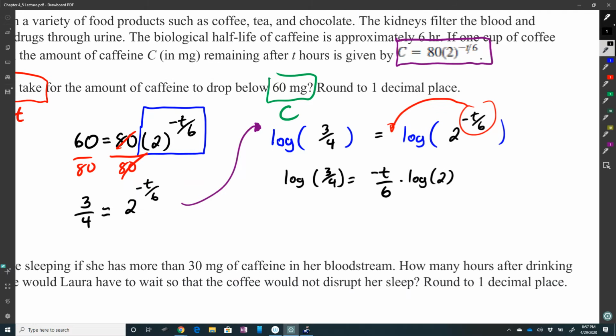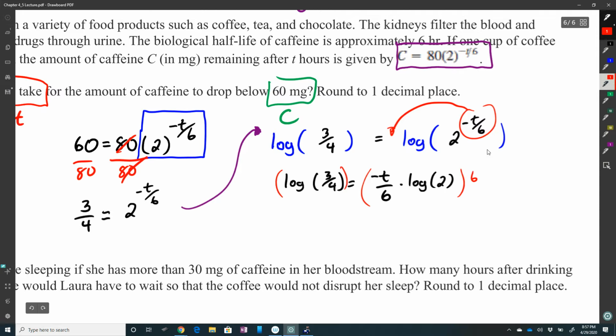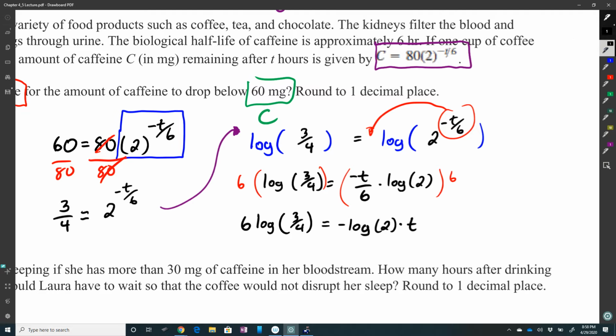And now I just got to solve for T. So let's multiply by 6. I'm rewriting it so that you can see when I divide, I'm going to divide by negative log 2. Okay, so I took the 6 to the other side. And now I'm going to divide by negative log of 2, which I kind of ran out of room.